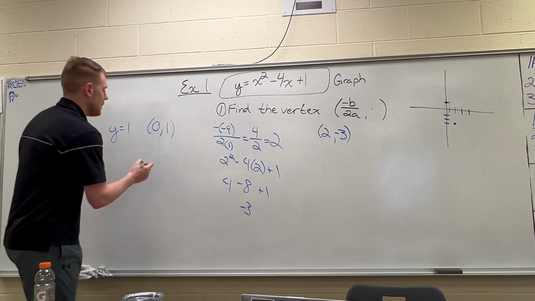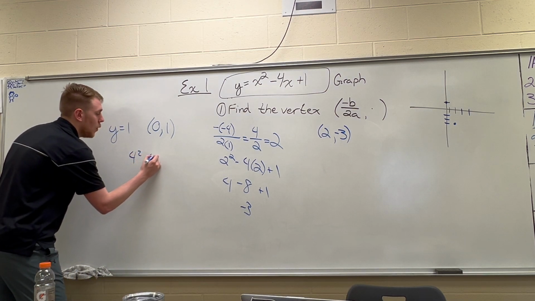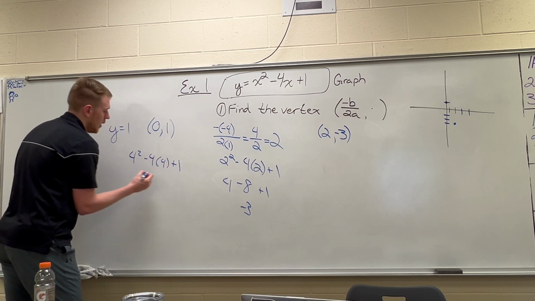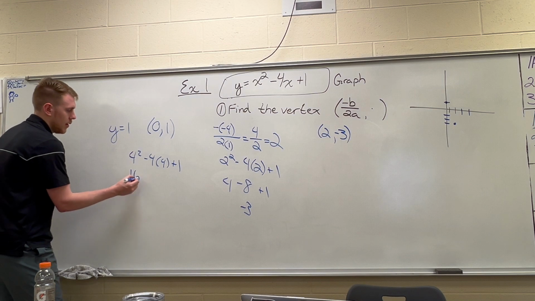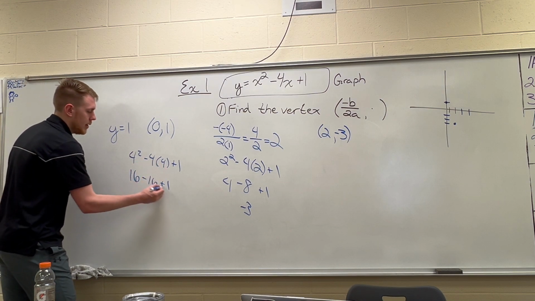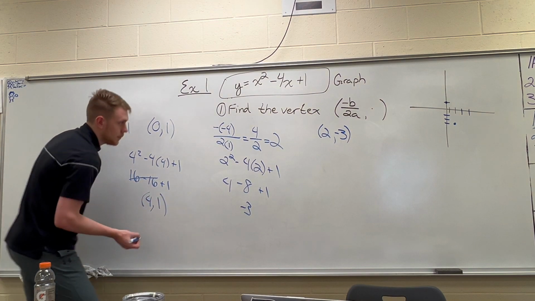So 4 squared minus 4 times 4 plus 1. Okay, 4 squared is 16 minus 16 plus 1. These cancel out. I'm left with 1. My point is 4, 1.